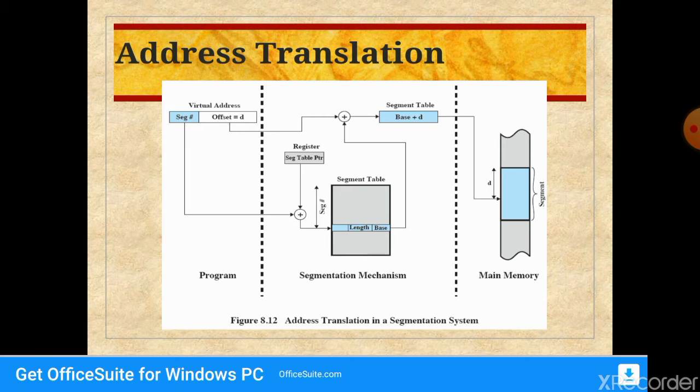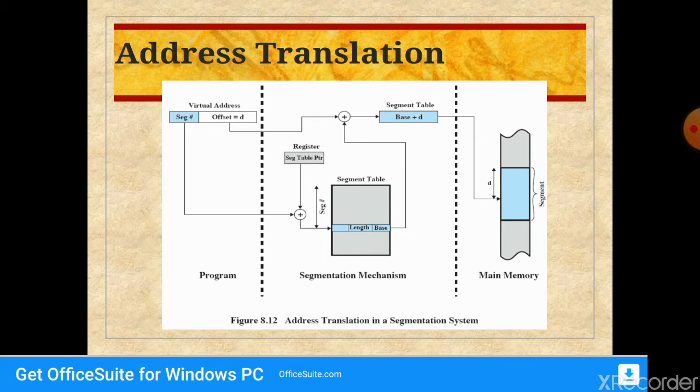For example, if the segment table pointer is pointing to the 0th segment initially, and the segment number represented in the virtual address is 3, then 0 plus 3 leads the segment table pointer to point to the 3rd segment in the segment table, which contains the base address of the 3rd segment and the length of the 3rd segment.